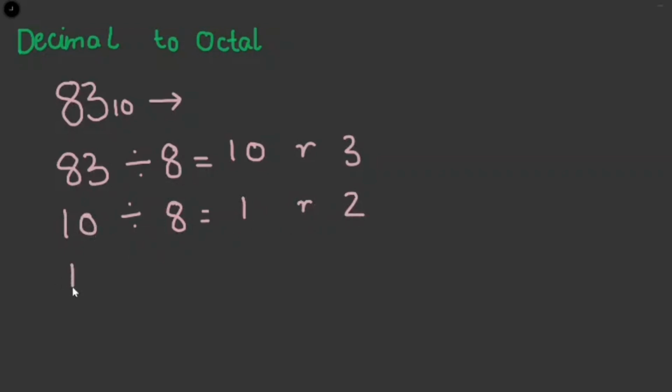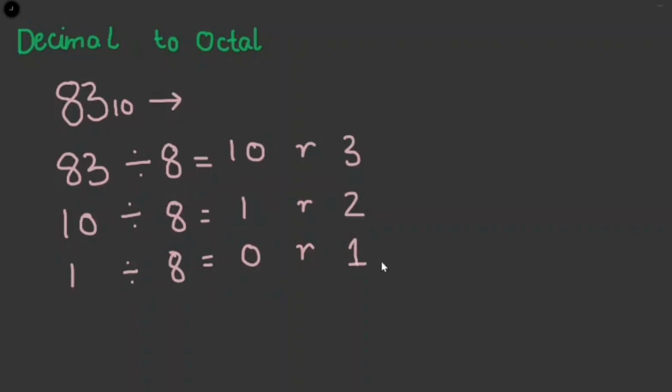Now we have 1. We will divide 1 by 8. 1 is lesser than 8, so it would be 0. And here our calculation would end because we got 0 on the right hand side of the equal sign, and our remainder would be 1 because we have 1 here.